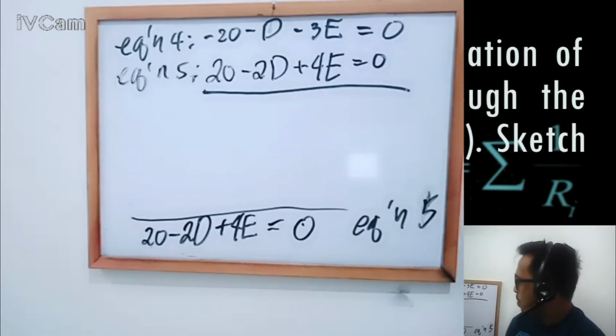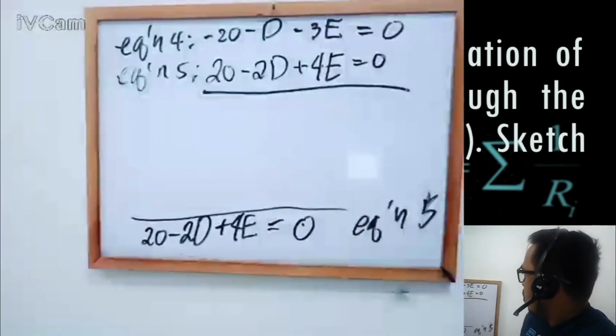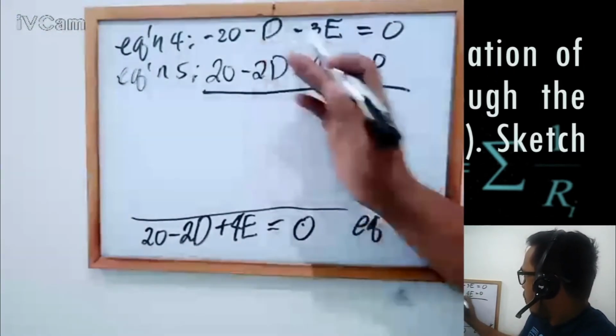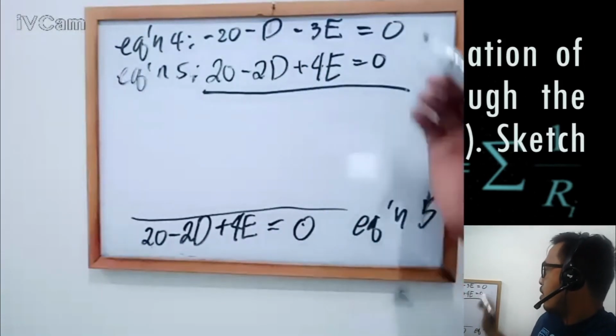Here maybe we will just use elimination. Maybe we will have another video tackling those different ways. Here you don't have terms having the same numerical coefficients, so it would be better that we multiply.